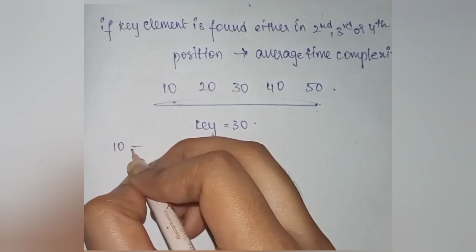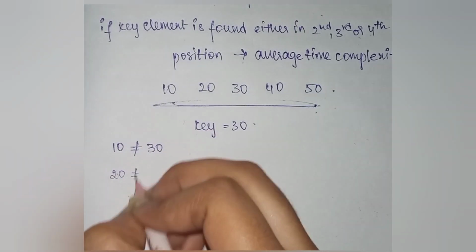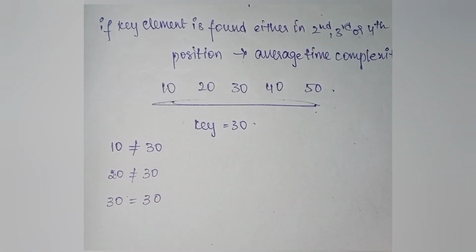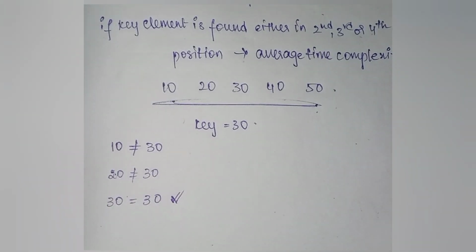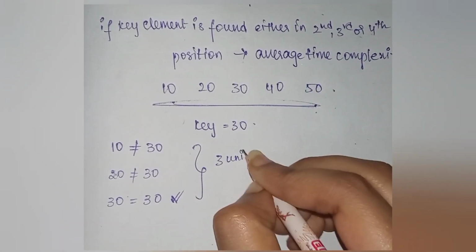I'm comparing 10 not equal to 30. I'm comparing with my second element 20 not equal to 30, and then again I'm comparing with my third element 30 equal to 30, which means my key element was found, and this is taking 3 units of time.